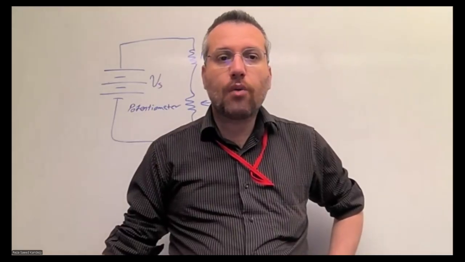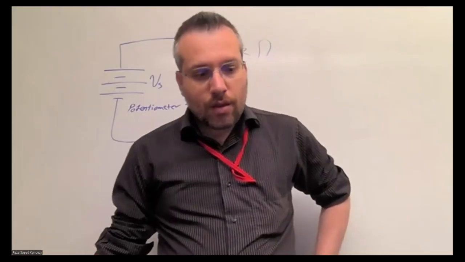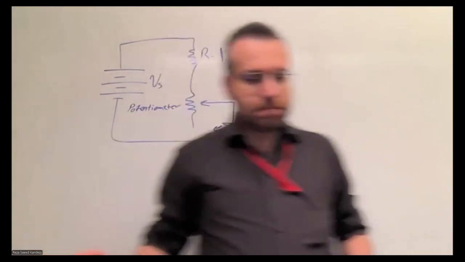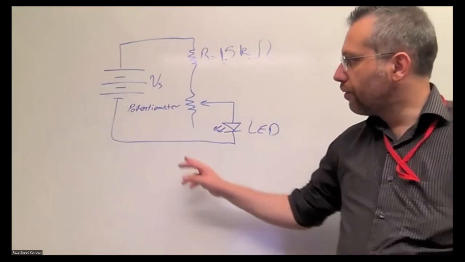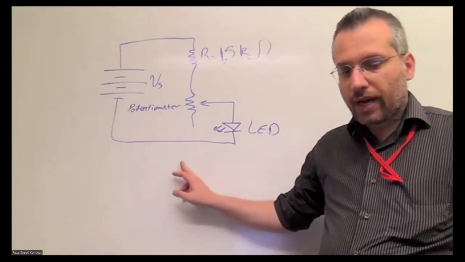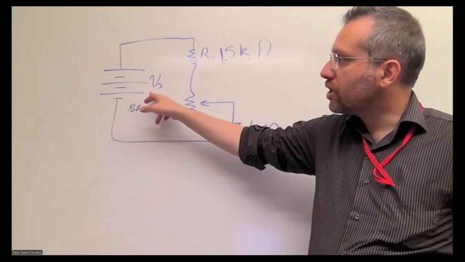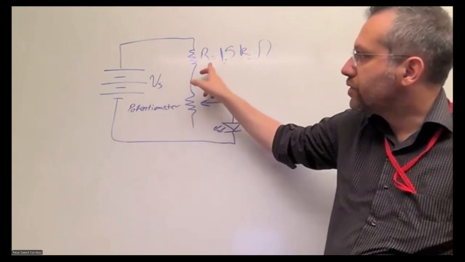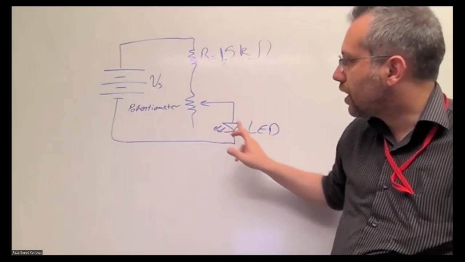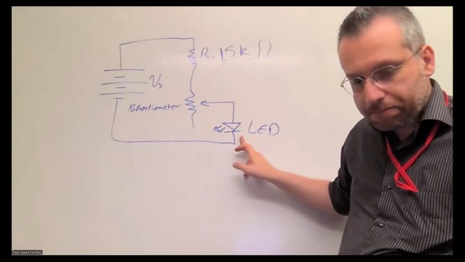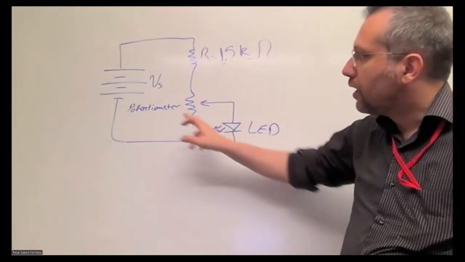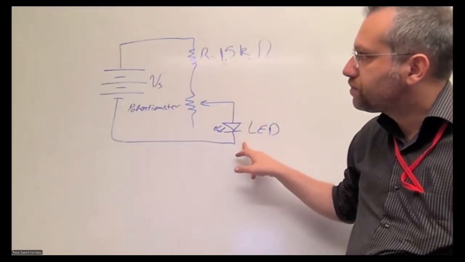Now, you can see the circuit here. We have a voltage source, we have a resistor, we have our potentiometer, and we have our LED, and they are connected in series.